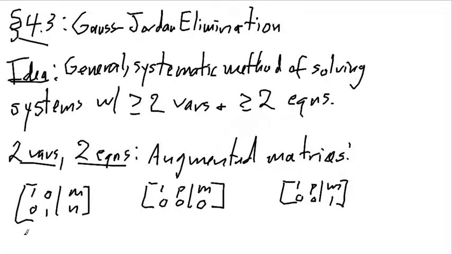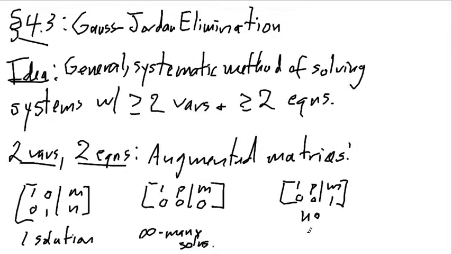Now whenever we were in this case, we had one solution, and we could just read it off. The first variable is equal to m, the second variable is equal to n. In this case, we had infinitely many solutions. That's my abbreviation for solutions.